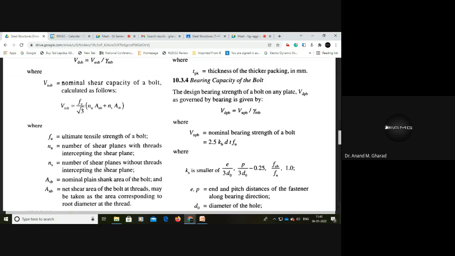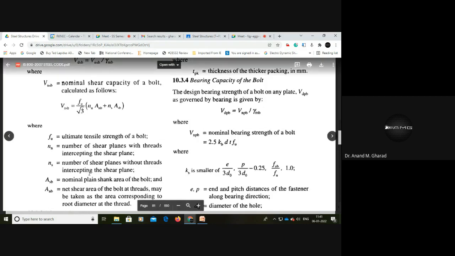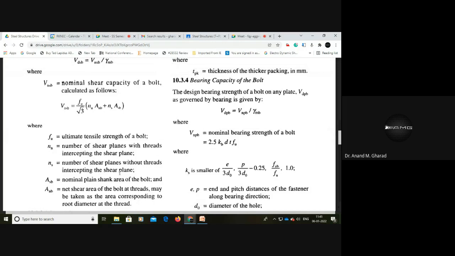Ns is the number of shear planes without threads intercepting the shear plane. Okay, so these two things are to be understood.